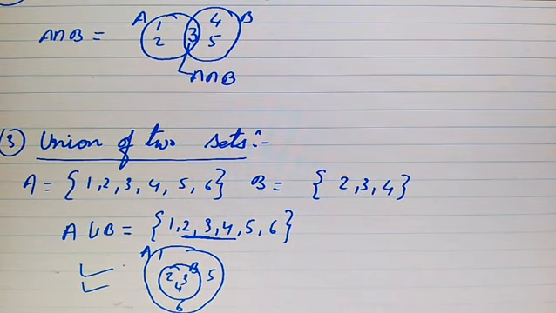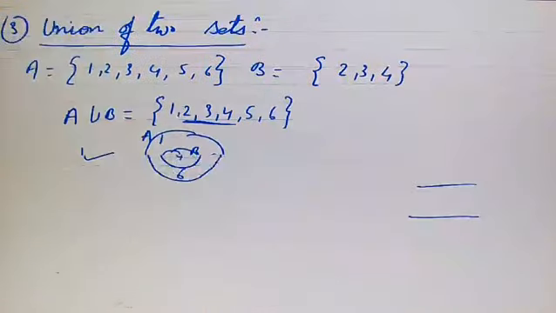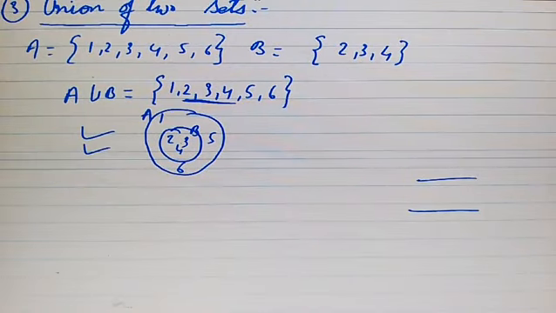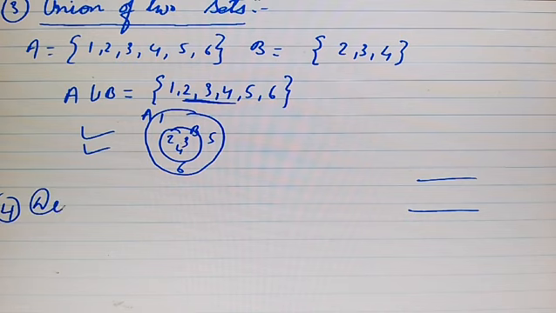Till now we discussed intersection and union, and now I'm going to tell you the disjoint set. Which sets are called disjoint sets? That's your fourth one, and here I'm going to tell you disjoint.